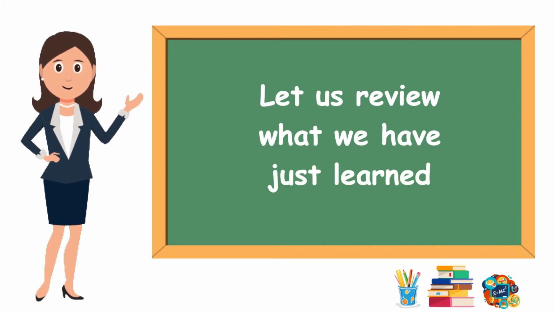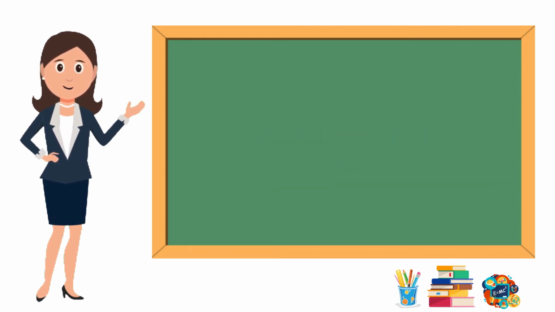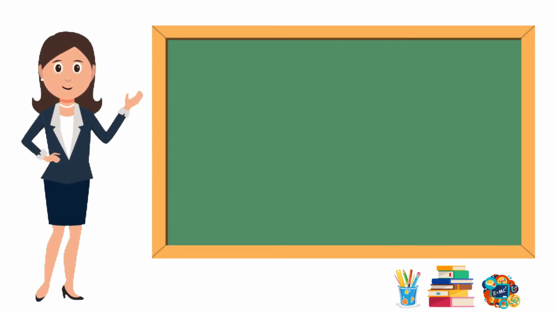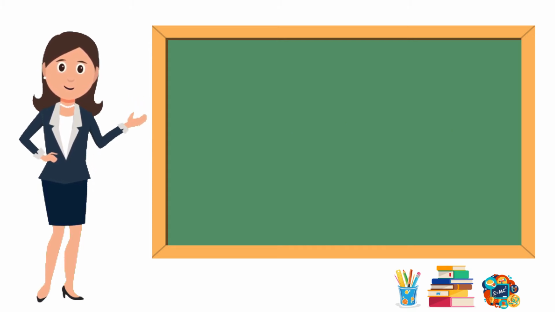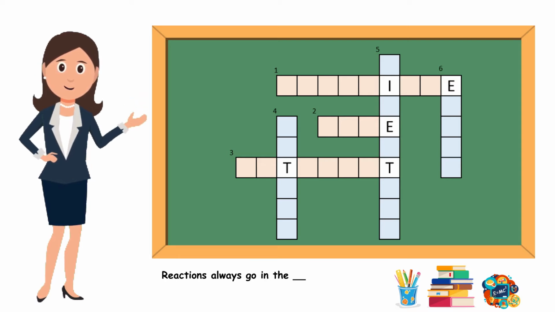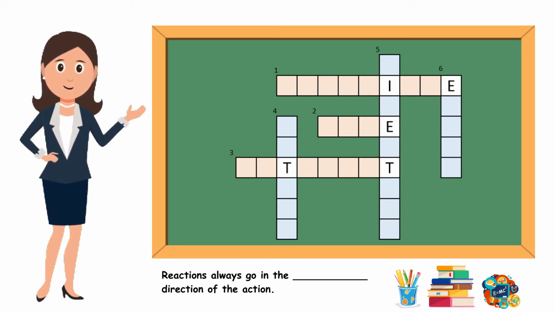Now let us review what we have just learned. For our first exercise, solve the crossword puzzle by completing the sentences with the correct word. Number 1, across. Reactions always go in the direction of the action.